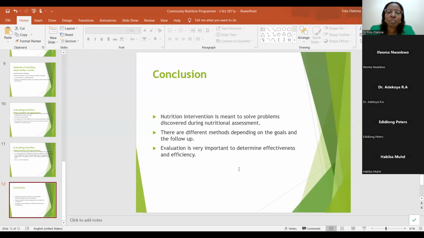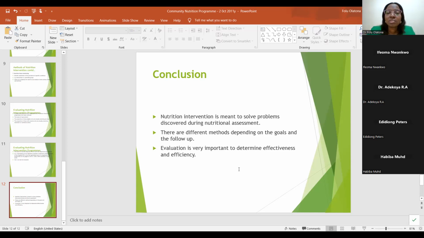So I'm concluding this lecture by saying that nutrition intervention or community nutrition is meant to solve the problems that have been discovered during nutritional assessment in the community. It's not just to carry out what a funder or somebody that has money just wants to do. It's supposed to be based on the problem in that community, either identified as felt need of the people or discovered objectively through research. We have learned today that there are different methods of intervening in the community.